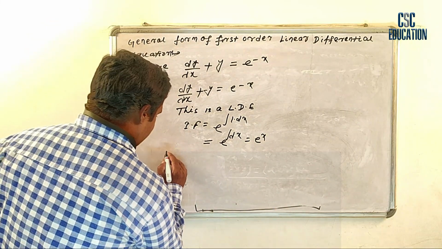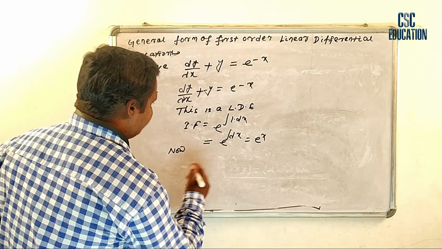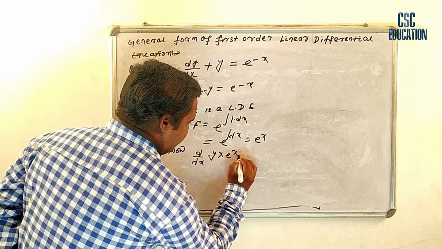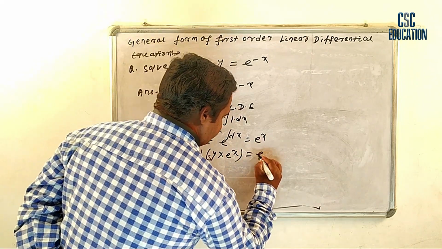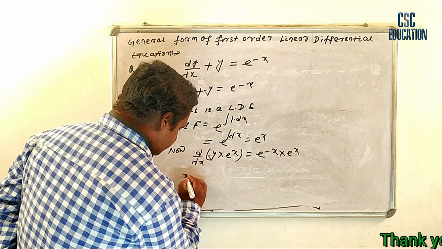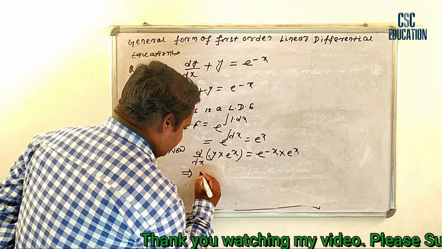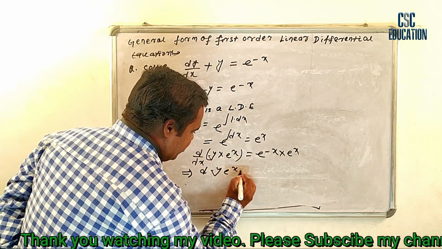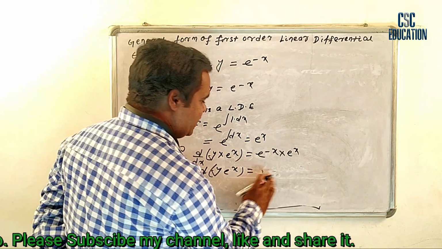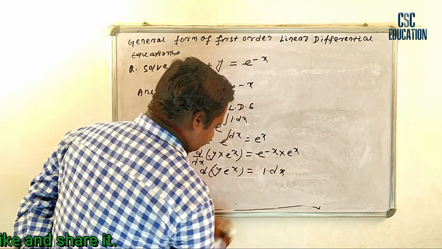Okay, so now multiplying this integrating factor in the given differential equation. So directly d by dx of y into e to the power x equals e to the power minus x into e to the power x. Okay, alright. So this implies d of y e to the power x equals e to the power minus x into e to the power x, which is 1, so 1 dx.